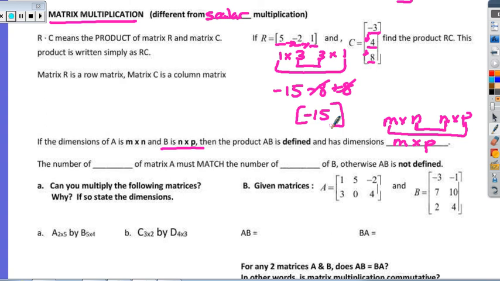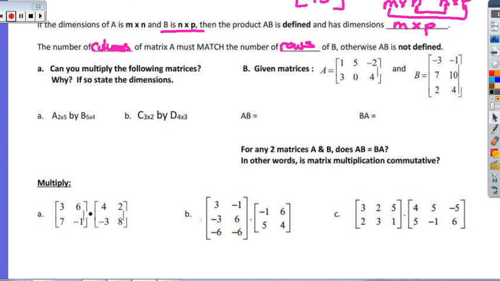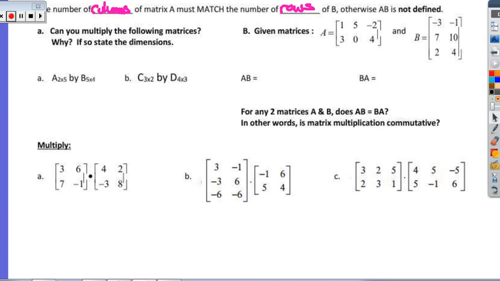Okay. So what happens if they don't match? The number of columns must match the number of rows, just like we said before, otherwise AB is not defined. So you can just say undefined. So let's continue on looking to see, are these matrices capable of being multiplied together?